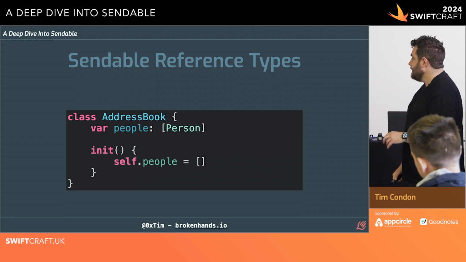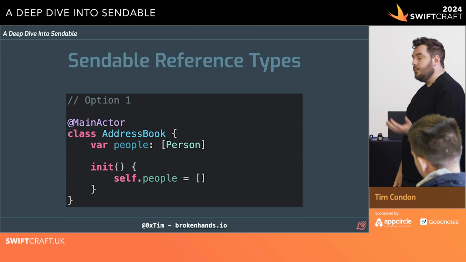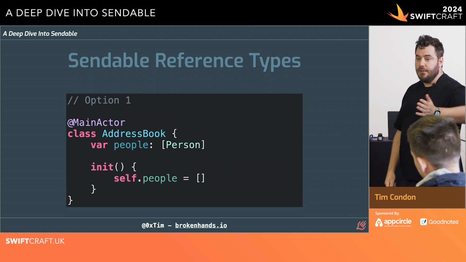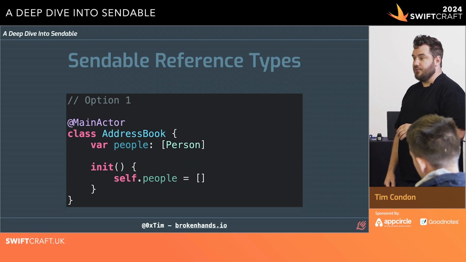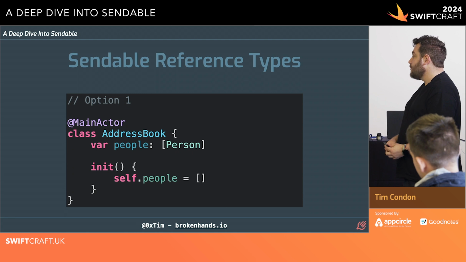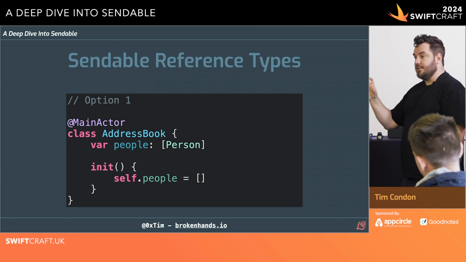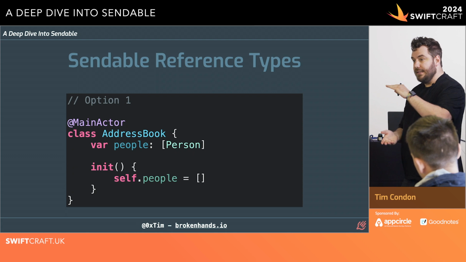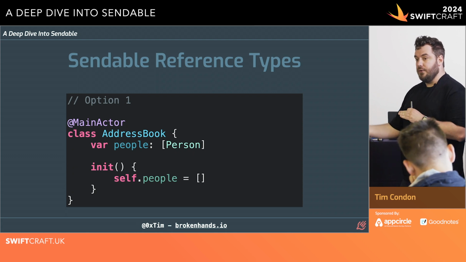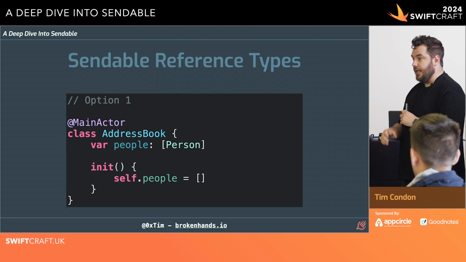How do I do it? Well, option one, as we saw earlier, you just whack MainActor on it. Problem solved. And this will ensure that any accesses to your address book are isolated to the main actor. Because they are isolated to the main actor, the compiler can ensure that there's no issues crossing isolation boundaries and your code is safe.